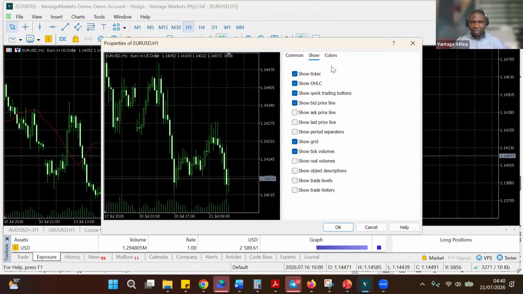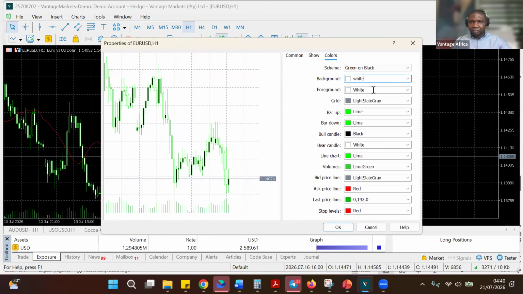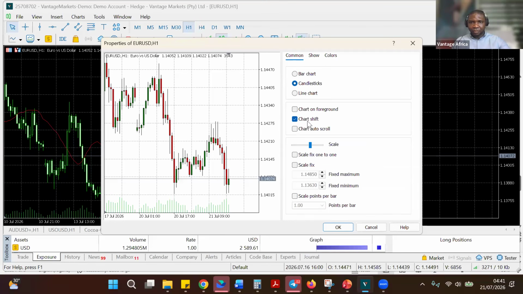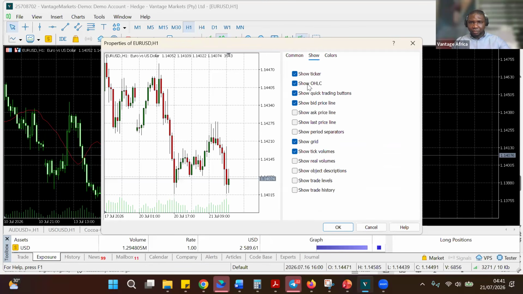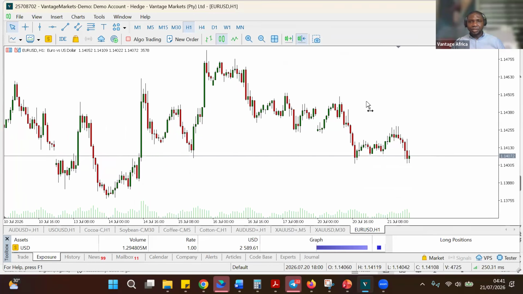If you can't see my screen, let me turn this to green and red so that we'll see them clearly. Okay. So this is our chart now.